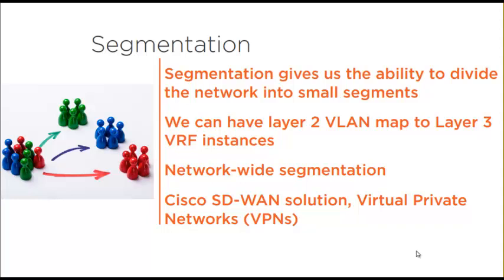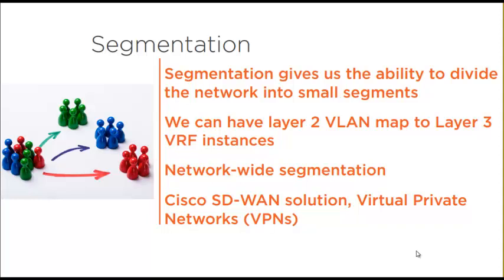So segmentation gives us the ability to divide the network into small segments. It creates portions of the network. So it takes a big network and cuts it into multiple portions.